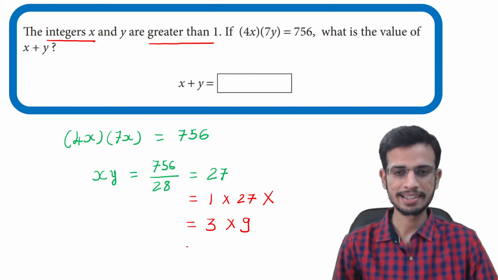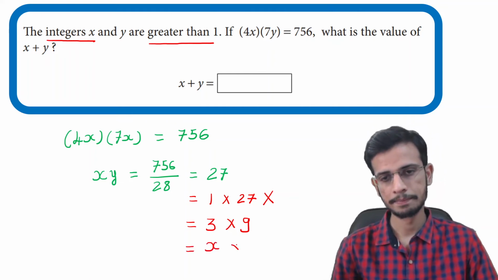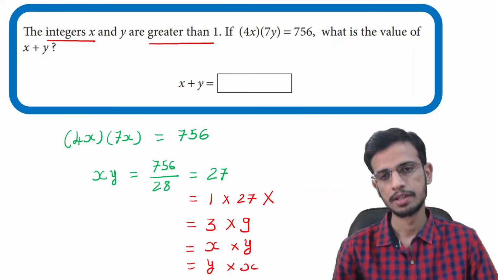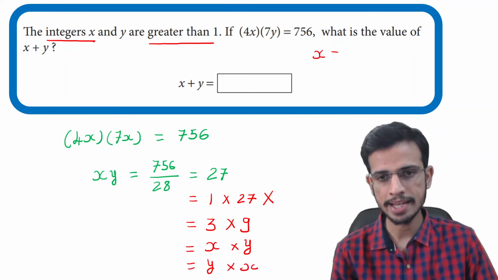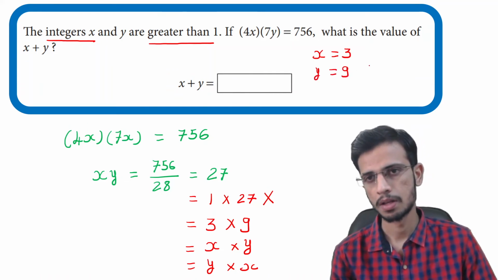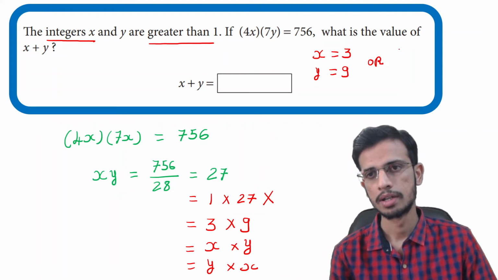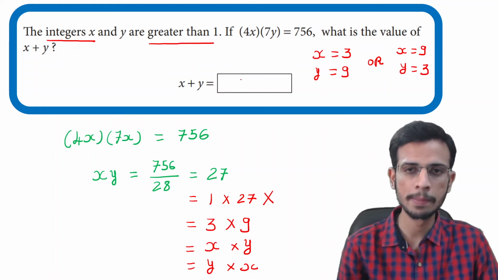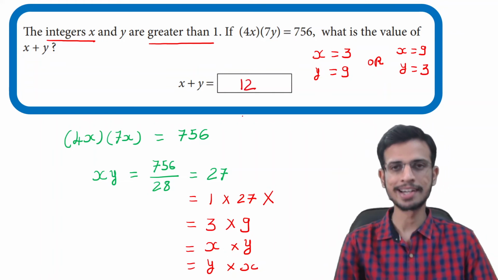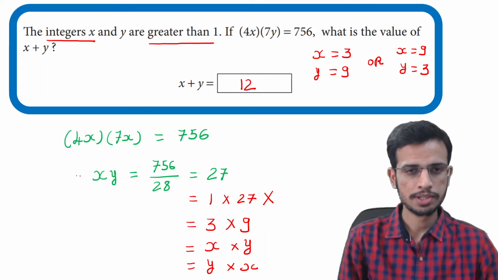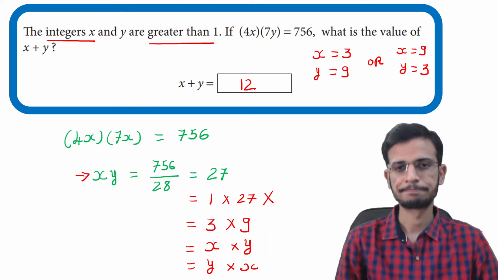We can write x into y, or y into x. We can say x will be equal to 3, then y will become 9, or x is equal to 9, y will become 3. In both the cases, x plus y will become 12 only, and 12 is the correct answer for this question.